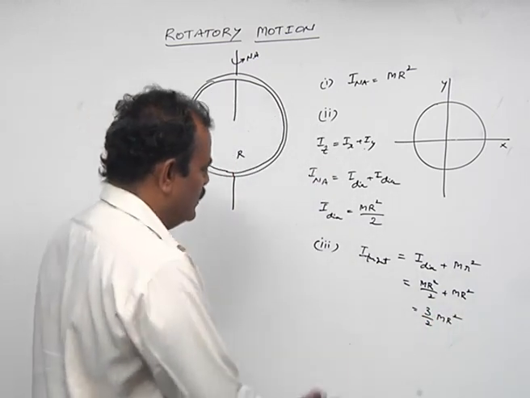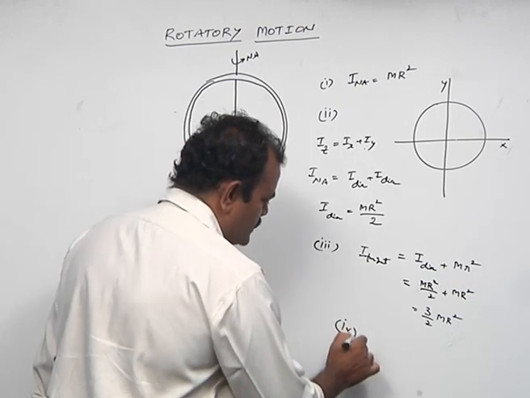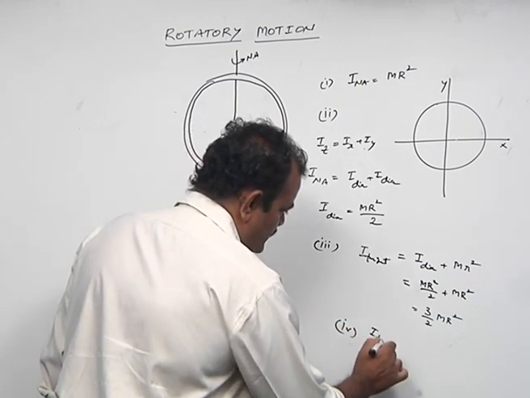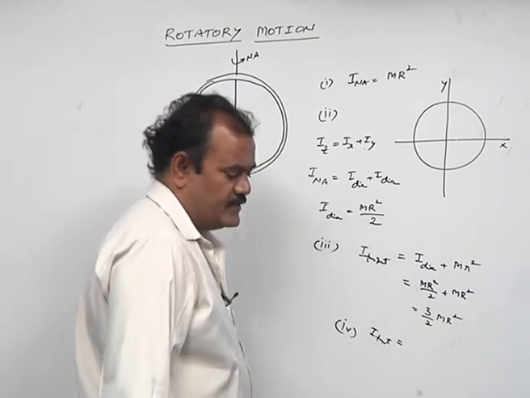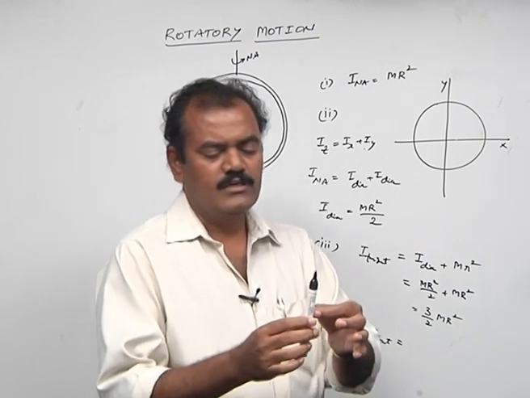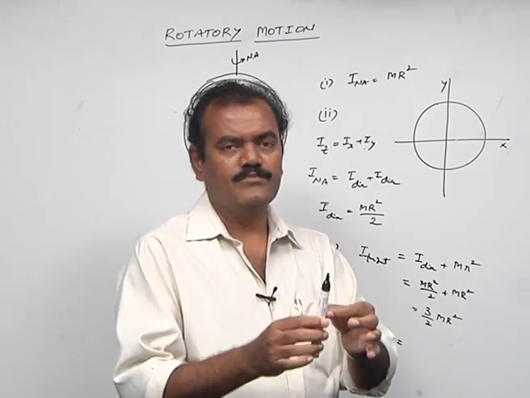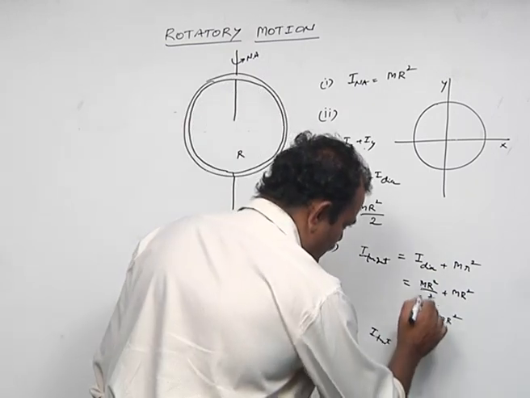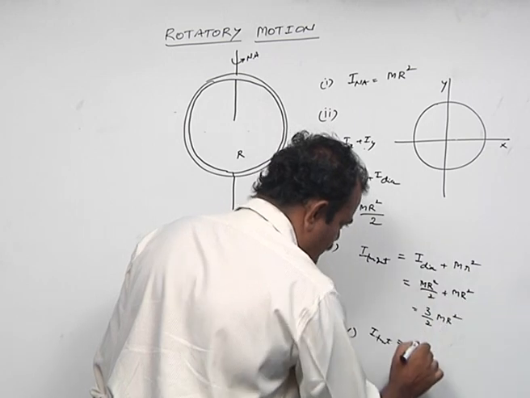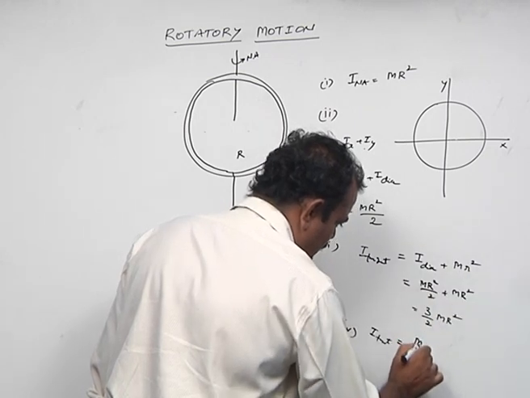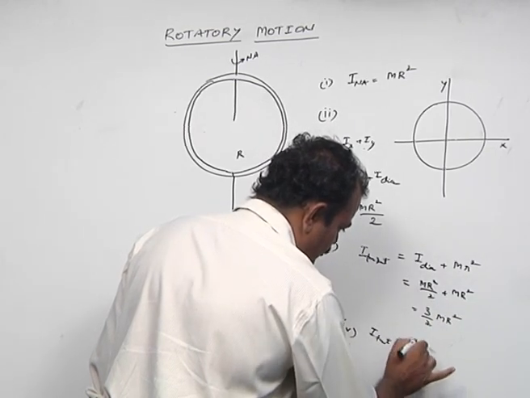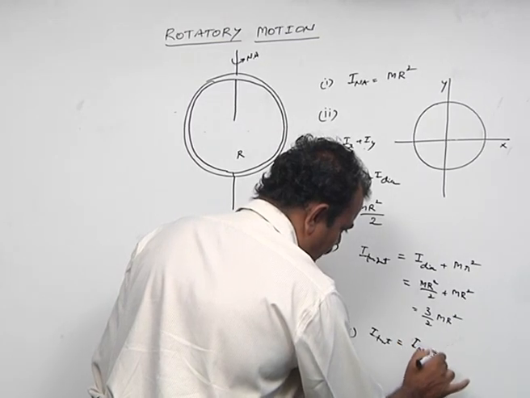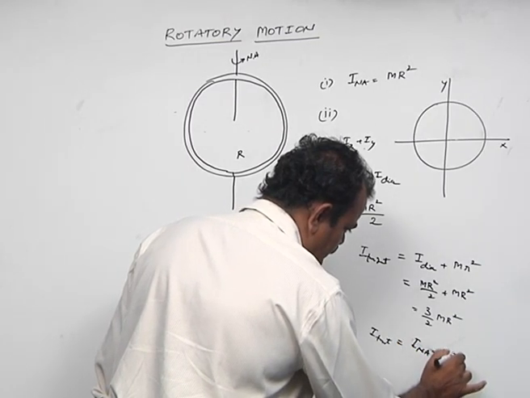And thereafter we come to the fourth one, that is I tangent here. This can be taken as the tangent which is normal to the plane of the ring. So in this case, what we are taking is the I diametrical axis plus Mr square. It is parallel to this I NA plus Mr square to be taken.